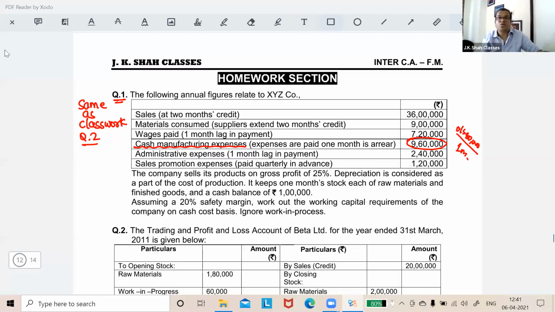So this is the only change, and that too just a cosmetic change. In the earlier question, question number 2, you were given that outstanding is 80,000 for a month. At that time we had calculated that if outstanding is 80,000 for a month, the annual figure would be 960. Correct, guys? You remember that? Cross check with question two of the classwork, and you will find that it's the same question. So this discussion is necessary.